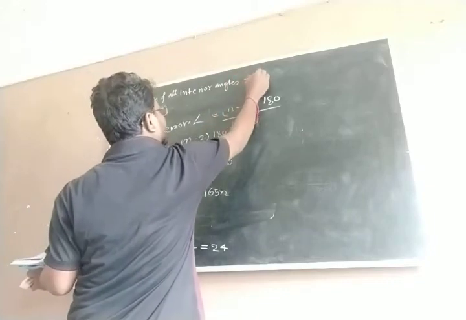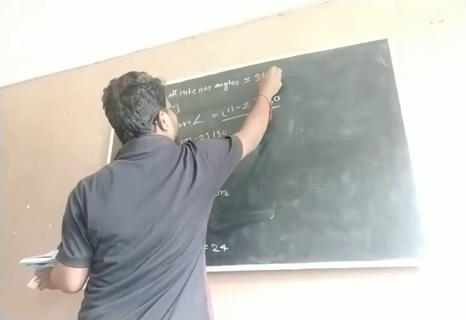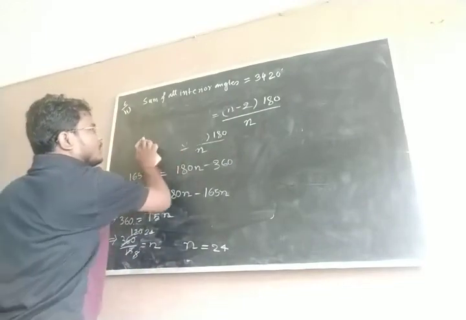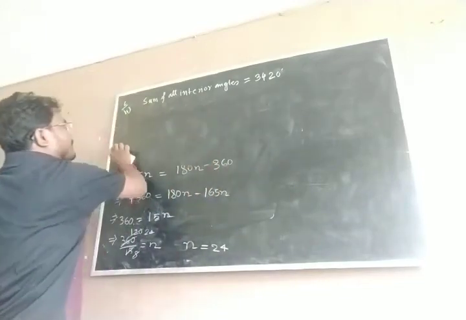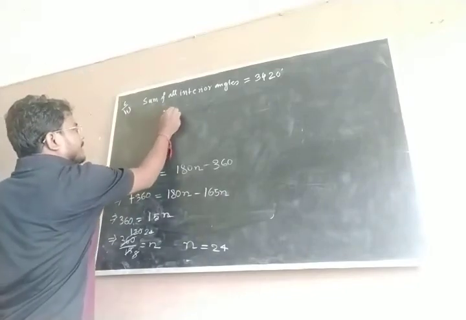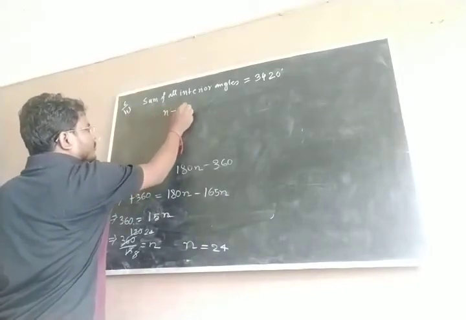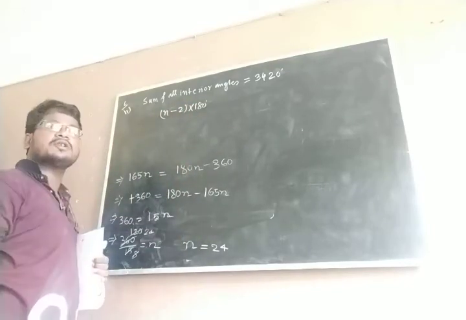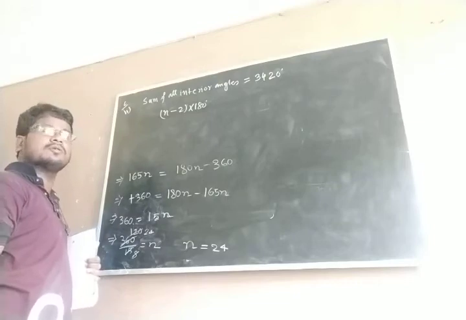Equals 3420. Now you have to find the number of sides. We know the formula: sum of all interior angles equals n minus 2 into 180 degrees. This is the sum of all interior angles of a polygon.